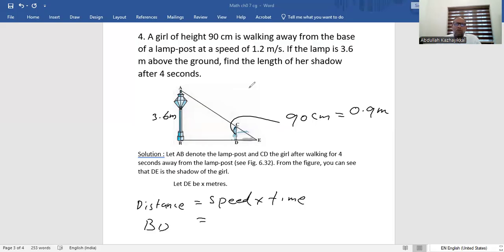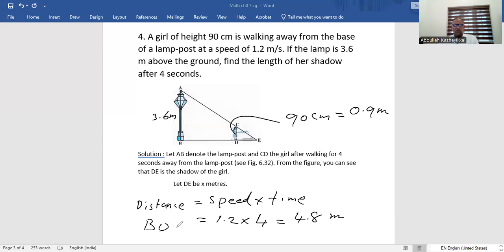A girl of height 0.9 meter walks away from the base of the lamppost at a speed of 1.2 meter per second. Find the length of her shadow after 4 seconds. 1 second, 2 seconds, 3 seconds, 4 seconds. At 1.2 meter per second in 4 seconds, that means 4.8 meter.